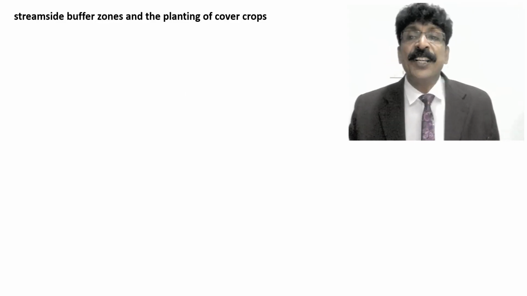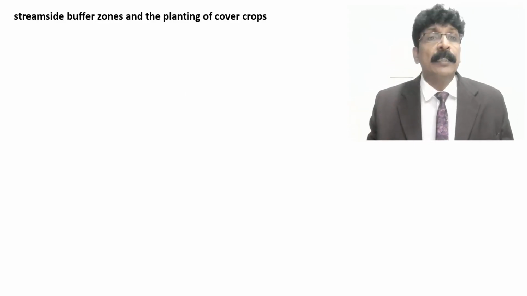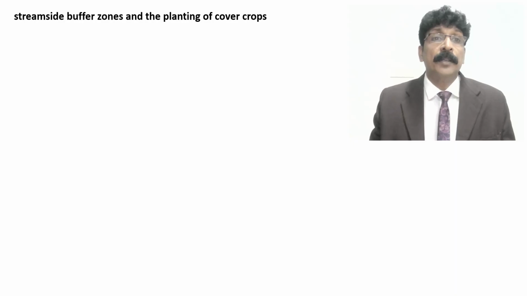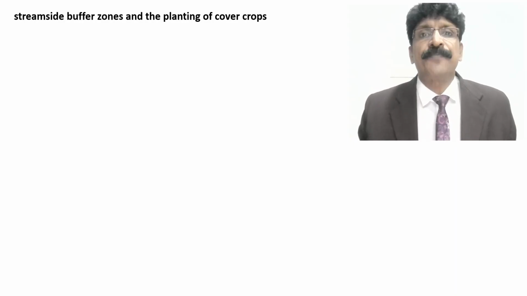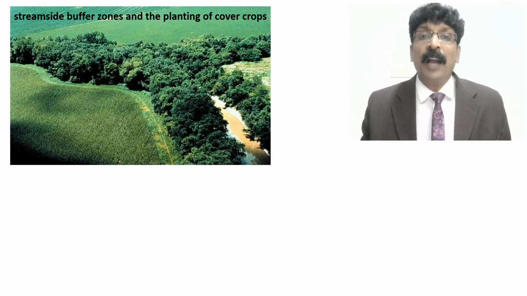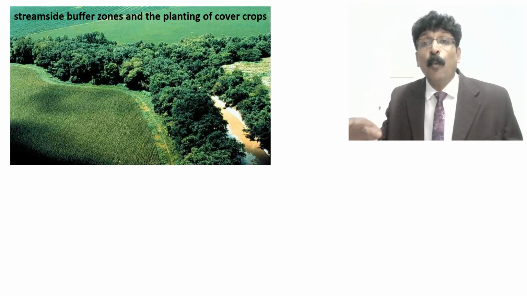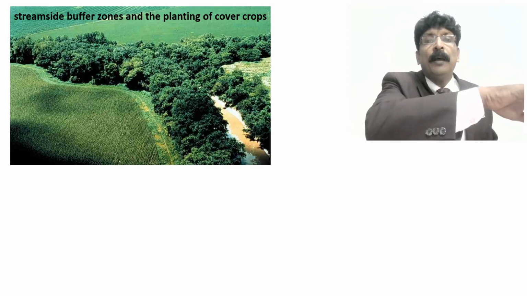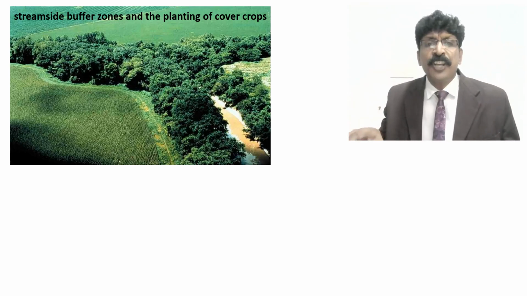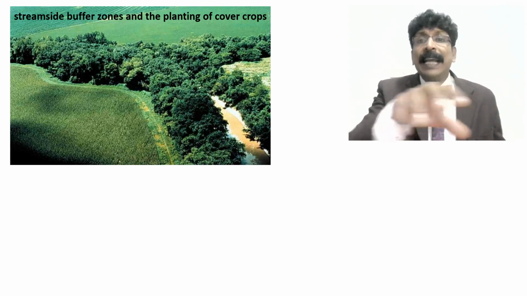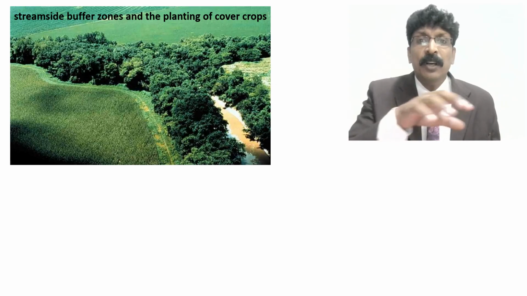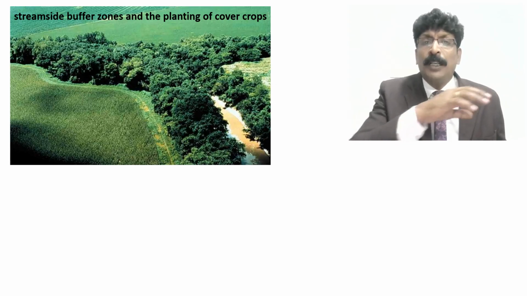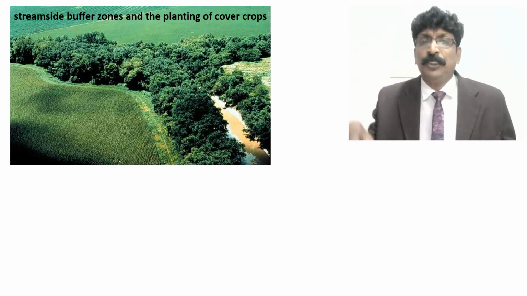You should know this picture about the general idea of the buffer zone: streamside buffer zones and planting of cover crops like alfalfa. You see that the cultivation land has a buffer zone planted with short bushes or trees, which can control the leaching due to percolation of the nutrients through rainwater to the river which is passing through.